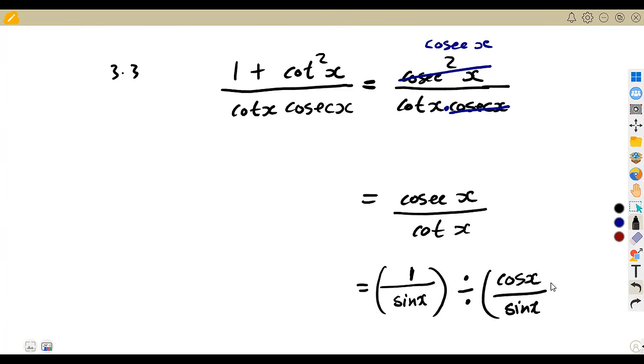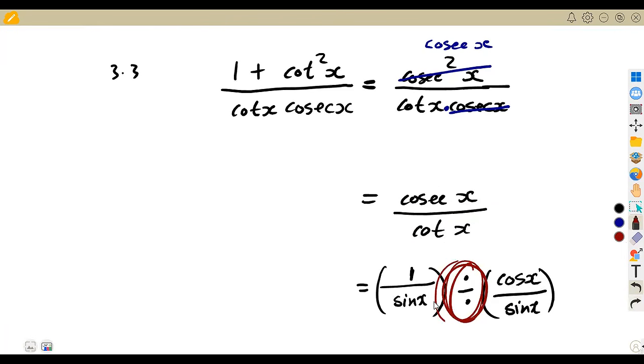So we've got this as a fraction and this also as a fraction, and the division is indicated in between. So that is the cosec of x, which is 1 over sine x, divided by cot x, which is cos x over sine x.